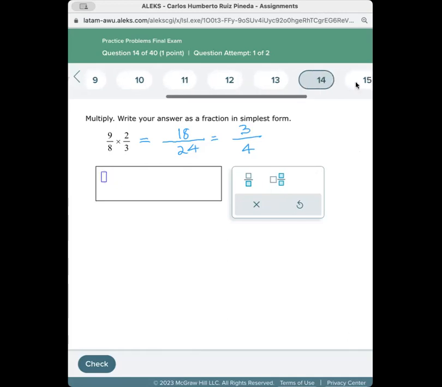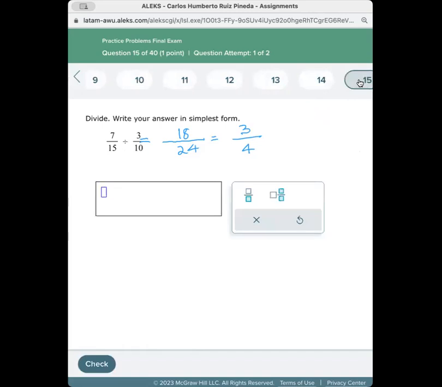The next one, the first part we will do up to 20. And then this is a division of fractions. So what do we do? We cross multiply. And this goes like this. So 7 times 10, 70, divided by 15 times 3, it's 45. If you notice here, we can divide everything by 5. 70 divided by 5.